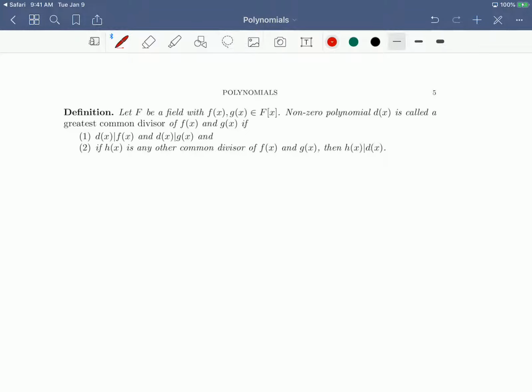So instead of saying, like with the integers, it was the largest integer that divided both, here we're going to use a property that we saw back in Chapter 1, but it was a corollary. It wasn't part of our definition. It was Corollary 1.7 that said something like this.